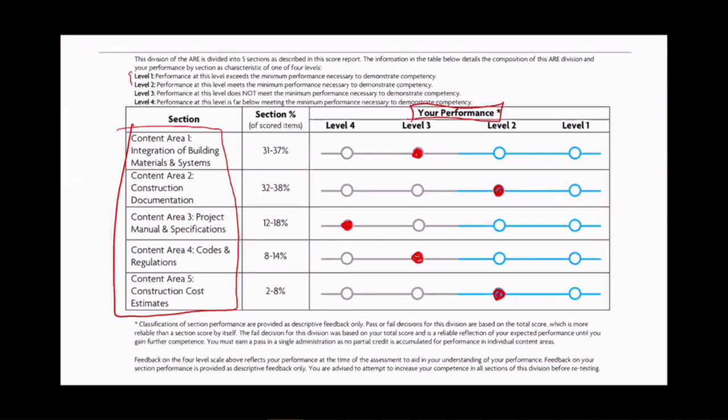Well, the levels are explained here. Level 1 means that it exceeds minimum performance necessary. Level 2 means it meets minimum. Level 3 is not quite as good, and level 4 means you're well below the performance necessary to demonstrate competency.